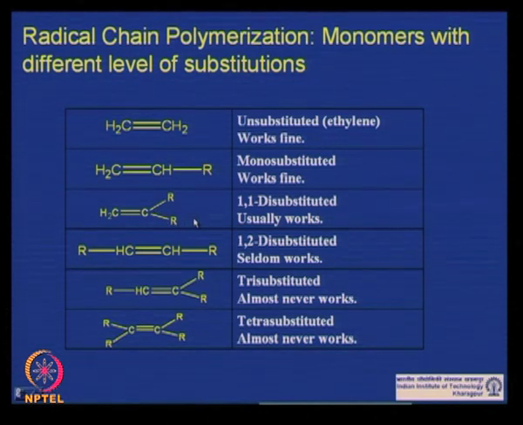And if you have disubstitution on a single carbon, unless they are bulky, it usually works. If they are very bulky, then because of steric reasons they do not work. And if from here you go for more and more substitution, the reactions become more and more difficult. This is very difficult, and these two, tri-substituted and tetra-substituted, almost never work in a radical polymerization.